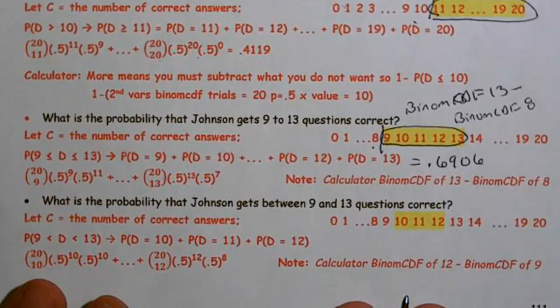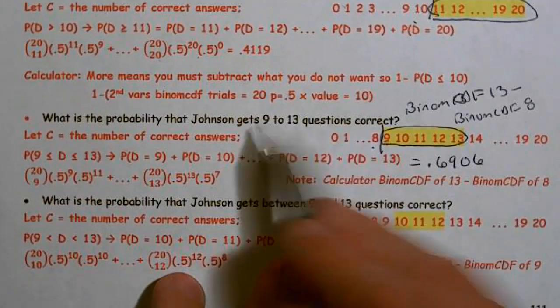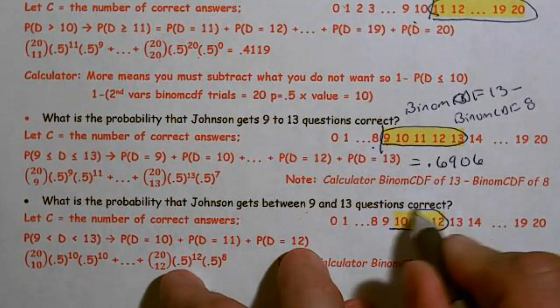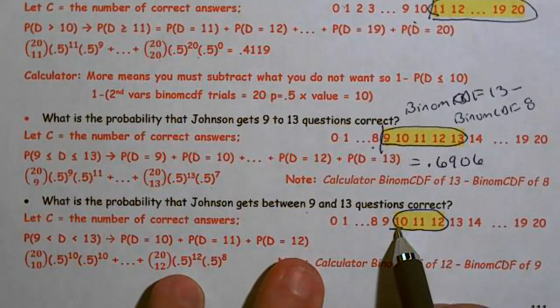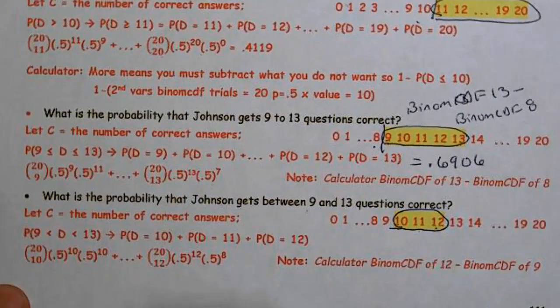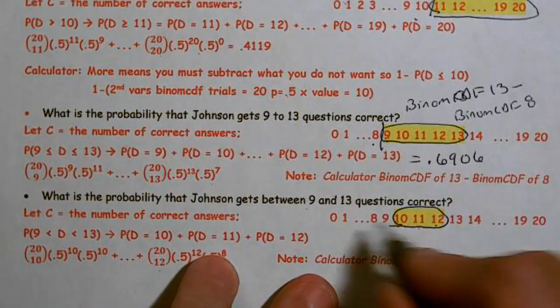Next, what's the probability they get between 9 and 13? This doesn't say from 9 to 13. Notice the difference. This is between. So in other words, we want 10, 11, and 12. So that's the PDF of 10 plus the PDF of 11 plus the PDF of 12, but I only have to show the lowest and the highest. So 20 choose 10 and 20 choose 12 plus dot, dot, dot in the middle. Once again, this is just like above.